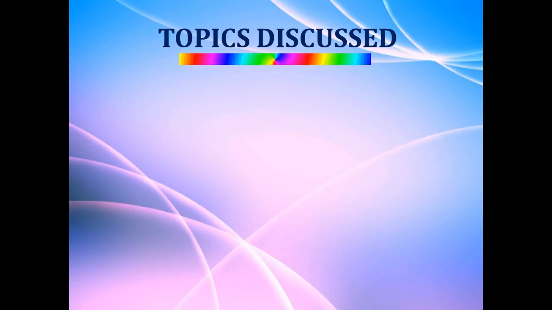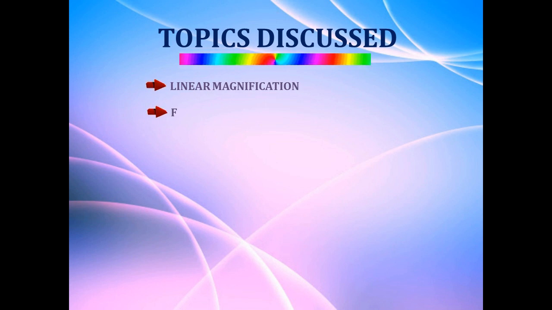Let's discuss the topics which we had discussed in this session. We discussed the linear magnification produced by lenses, which is m is equal to h dash by h is equal to v by u.